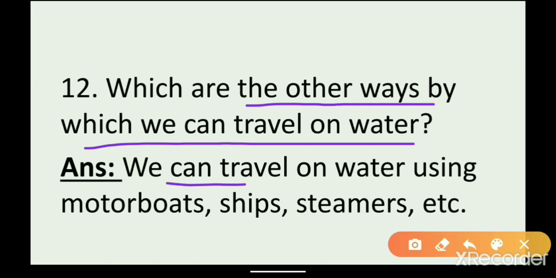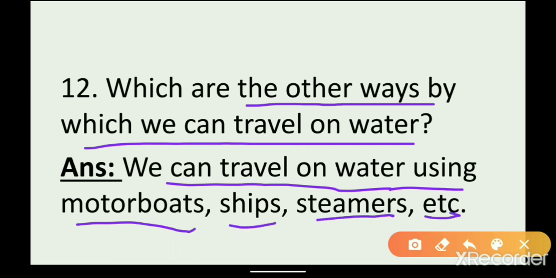We can travel on water using motorboats, ships, steamers, etc. So not only boats and ships, but we can also use motorboats, steamers and so on to travel on water. So these are all your 12 question answers which you have to write in your notebook.